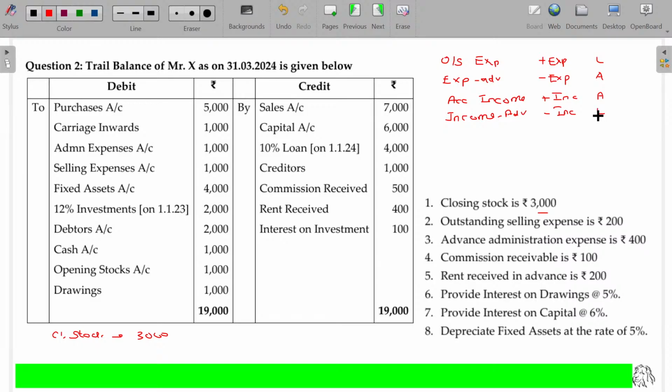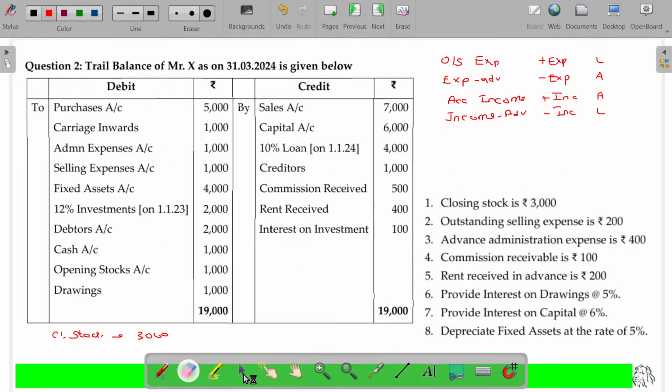These are the things you have to understand. Closing stock, outstanding selling expenses, advance administration expenses, commission receivable and rent received in advance. So these are the 4 items. Now let me explain what is the logic behind.